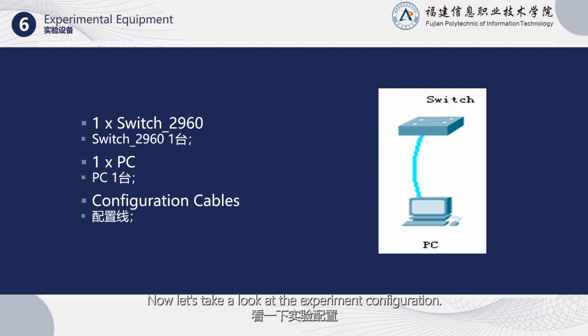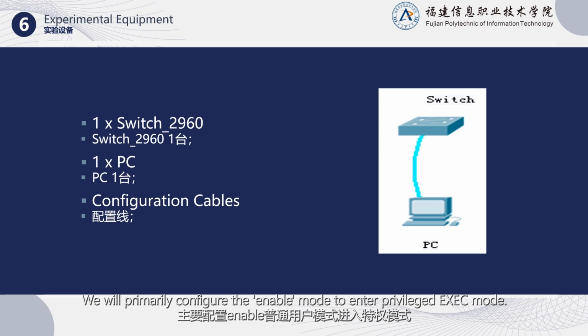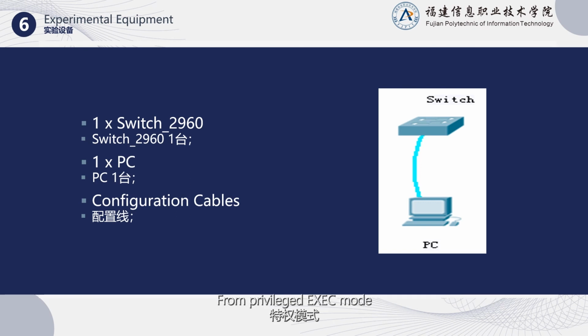Now, let's take a look at the experiment configuration. The PC is connected to the switch through the console port. We will primarily use the enable command to enter privileged exec mode. From privileged exec mode, we will access global configuration mode.